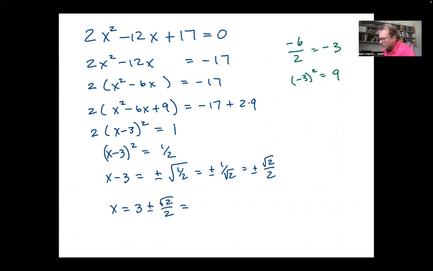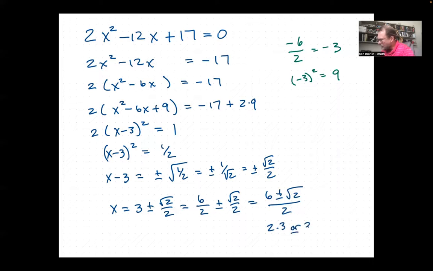Or if you want to put it into a single fraction, that's 6 halves plus or minus square root of 2 over 2, which is 6 plus or minus the square root of 2, all over 2. And if you were looking for numbers, I don't have my calculator on me, but I think these turn out to be about 2.3 or 3.7. Those should be the two numbers that you get out of that.